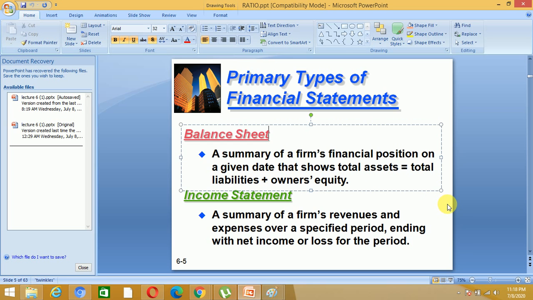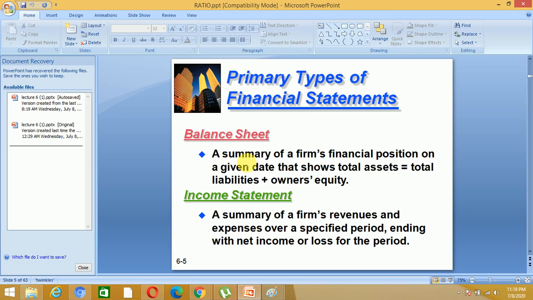What is a balance sheet? You people know about this. A summary of the firm's financial position on a given date that shows total assets are equal to total liabilities plus owner's equity. Balance sheet is basically a statement which shows the financial position of the firm.